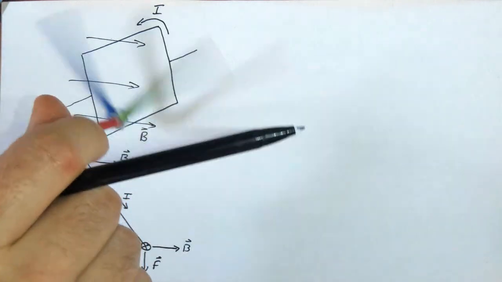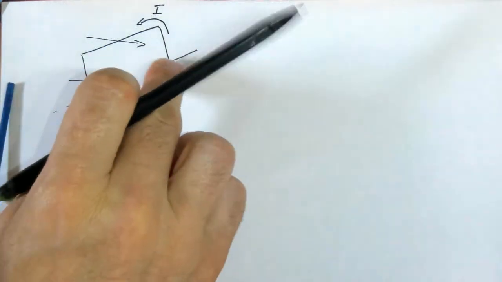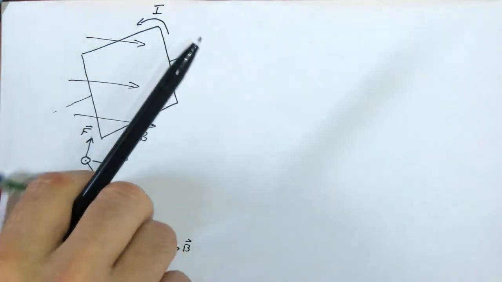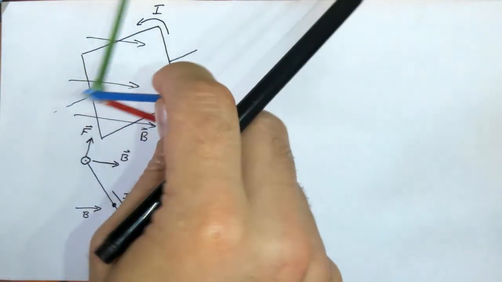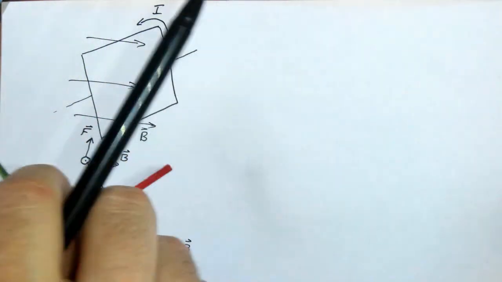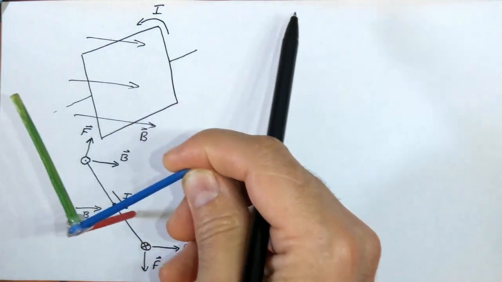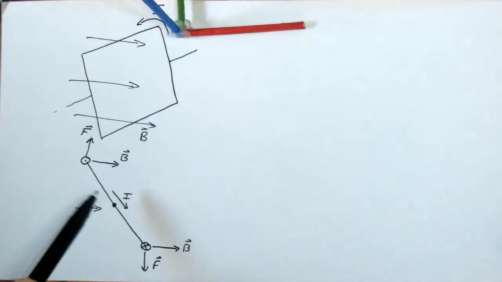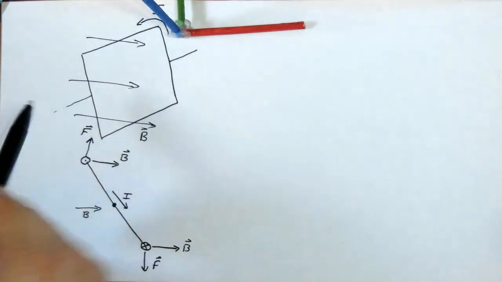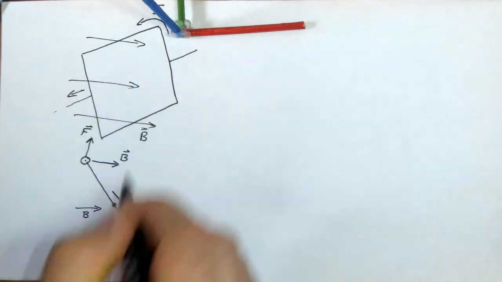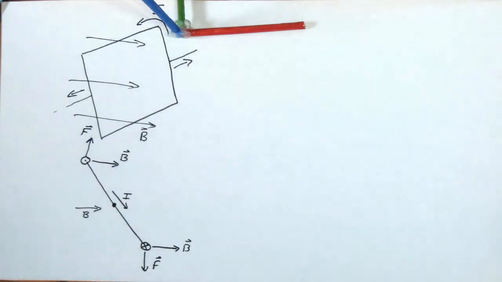And if I did the other side, the field's that way. Anyway, the red is down. So the force on this wire closest to me is going to be outwards. Hard to draw on this picture. This one's going to be inward. So the net force on this whole thing is 0.